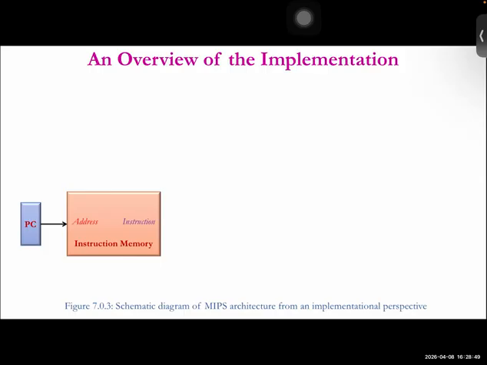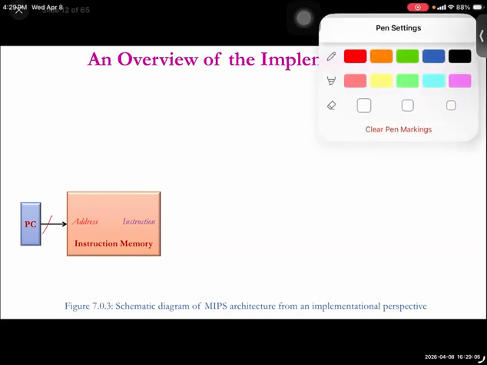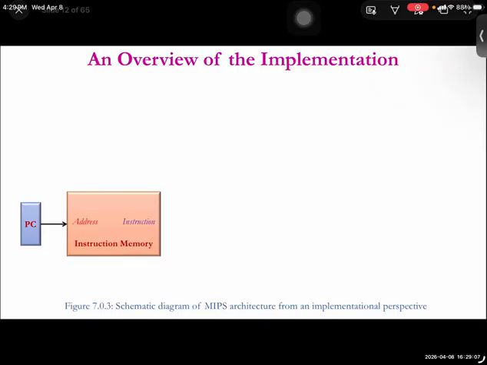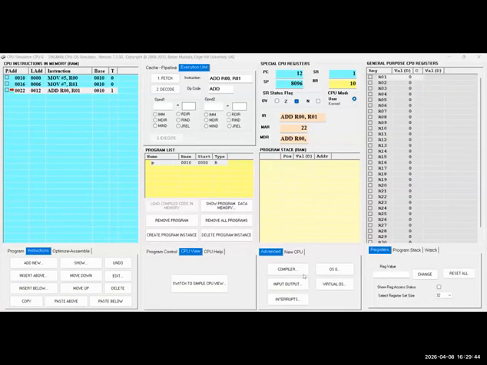So here the data path is connecting the program counter and the instruction memory component. Does this make sense? This is the data path which is connecting the program counter and the instruction memory. You just recall that every instruction has a logical address.